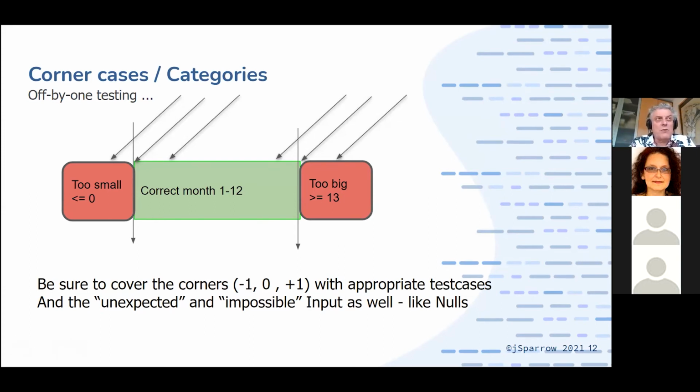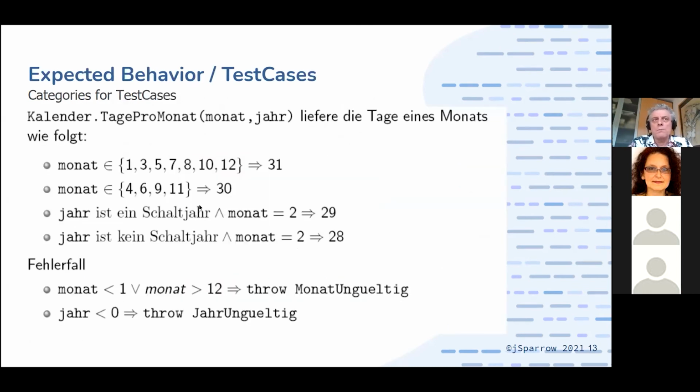If you just think of if A is bigger than B, or A bigger or equal to B, or the negation, if A not bigger than B, and so on, it's always dangerous that you miss the condition maybe just by 1. So that's the off by 1 testing approach, and thus you end up with more test cases than the minimum very soon.